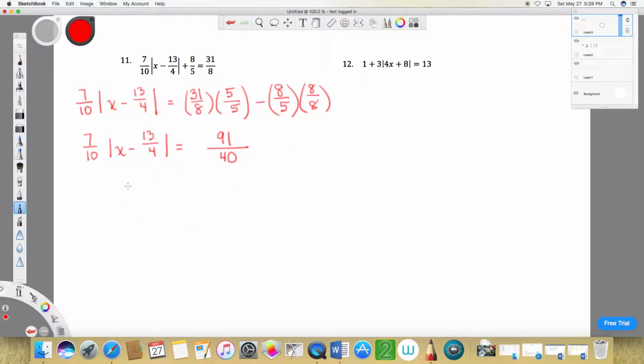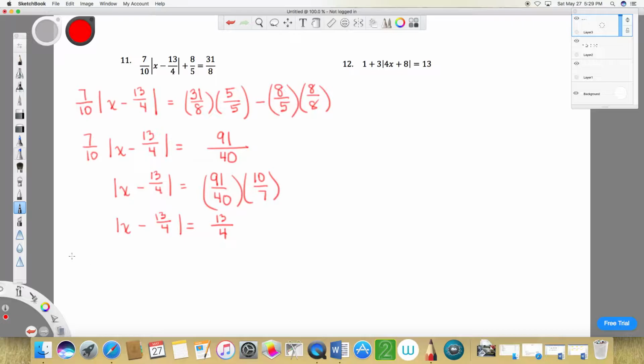Now if I multiply both sides by the reciprocal of this coefficient, so I'm going to multiply this fraction by 10 over 7. And then that reduces to 13 over 4.